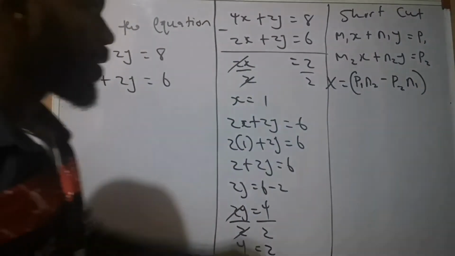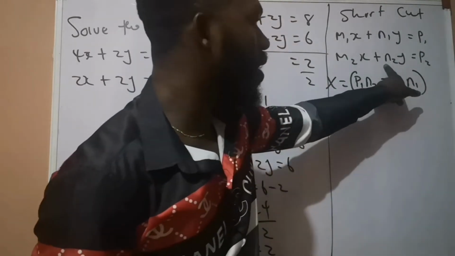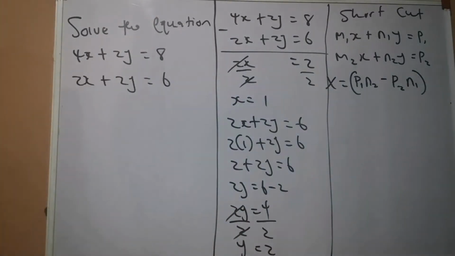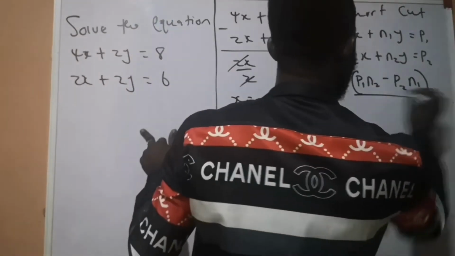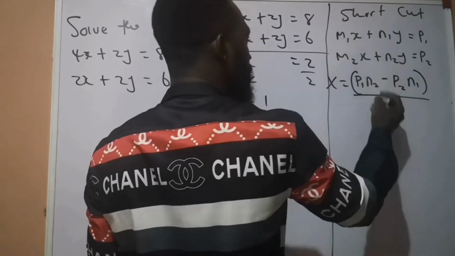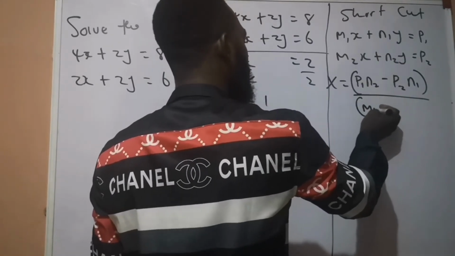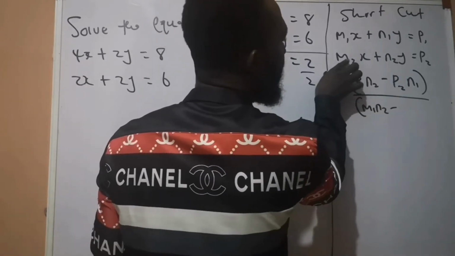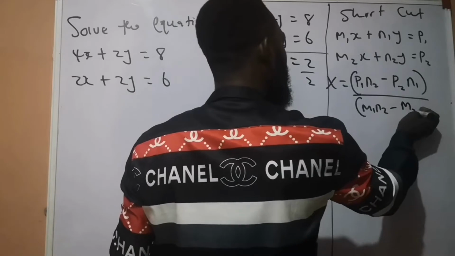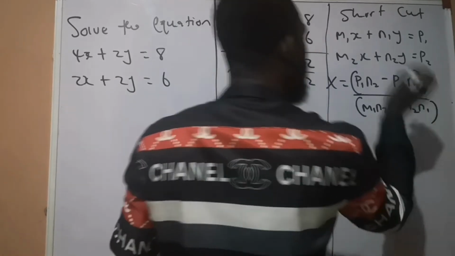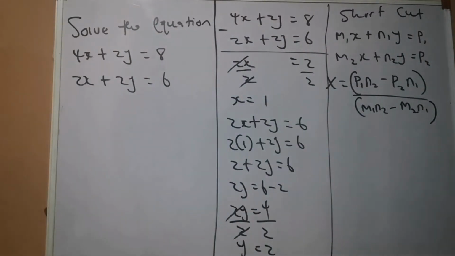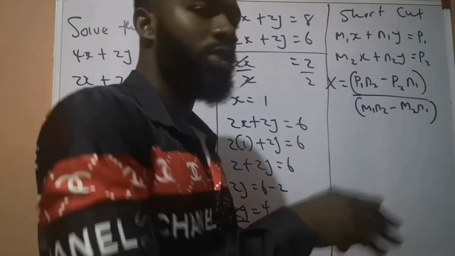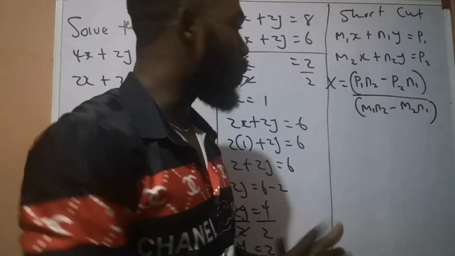That is, p1 multiplies the coefficient of y, p2 multiplies the coefficient of y, at the numerator, all over m1 multiplies n2 minus m2 multiplies n1. This is what we will use to solve for x. When we get the answer for x, we substitute the value into one of the equations, and then we will get the answer.